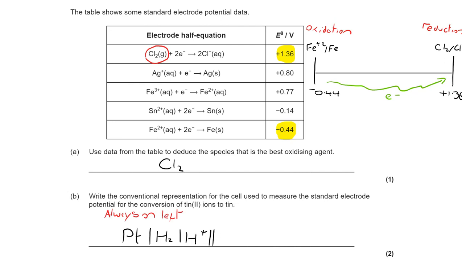From there, we need to add a salt bridge. We represent that with a double vertical solid line. And then we've got to add our tin and tin 2+ half cell. Now you'll notice I've put the Sn2+ next to the salt bridge. It will always be that the higher oxidation state goes closer to the salt bridge.